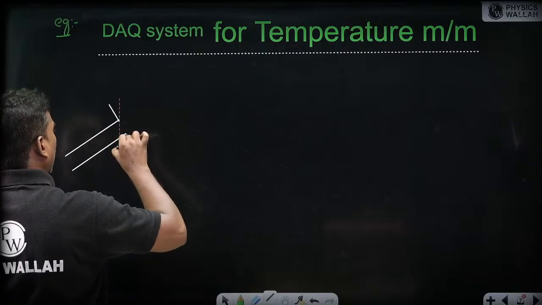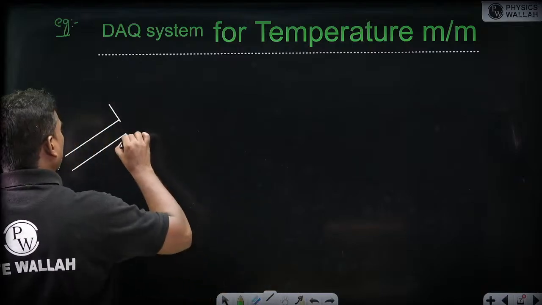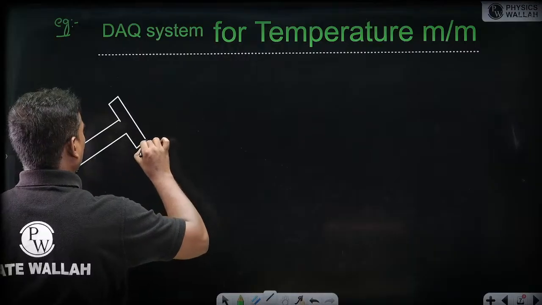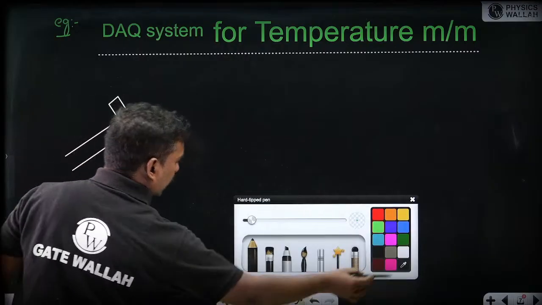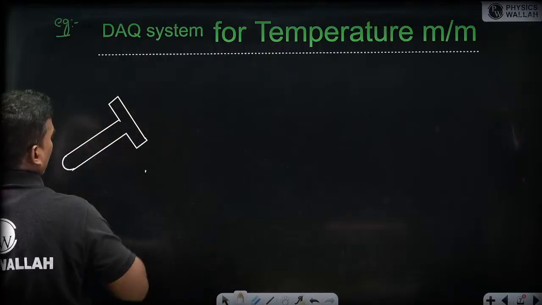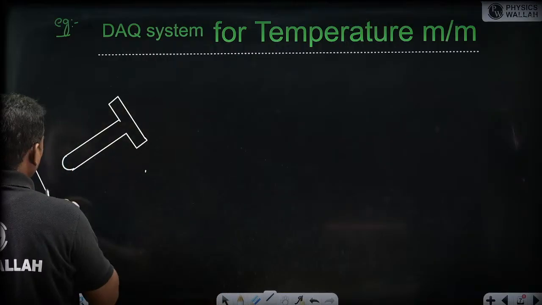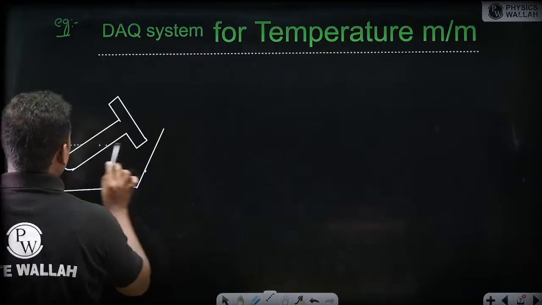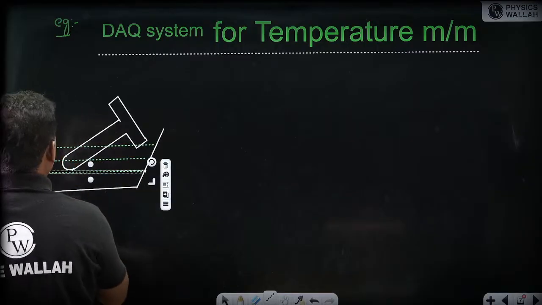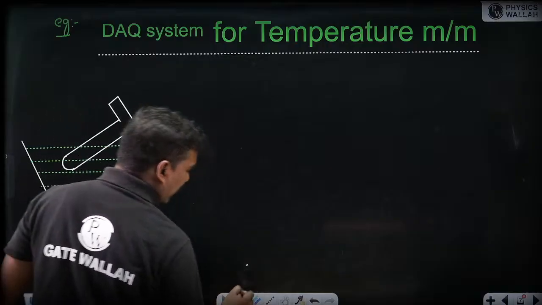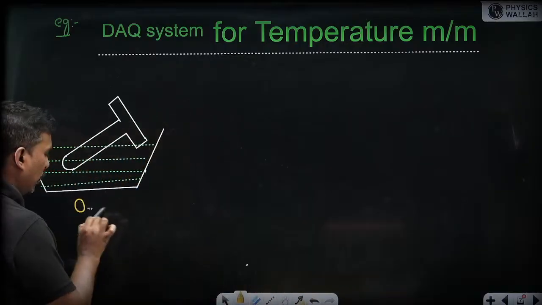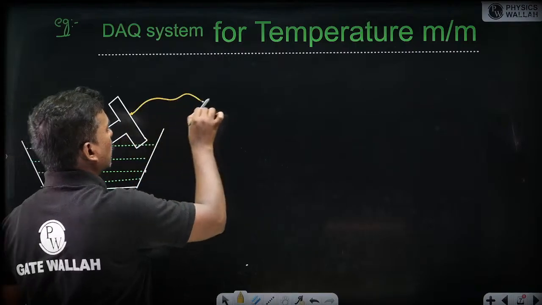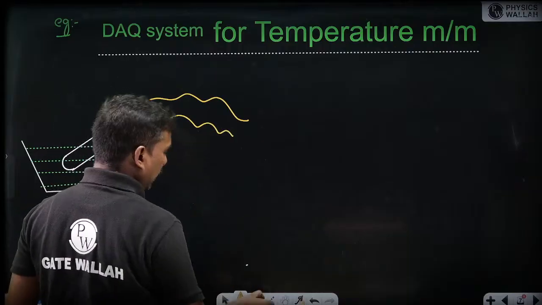So this is an RTD, kept in a hot water bath. Here the temperature is changing from 0 to T degrees Celsius. Then its resistance also will change.